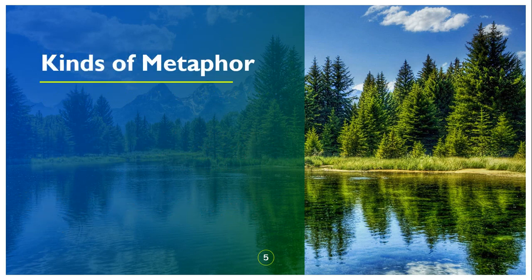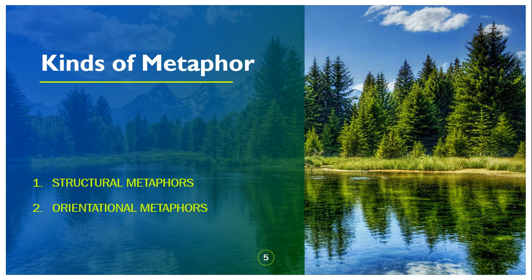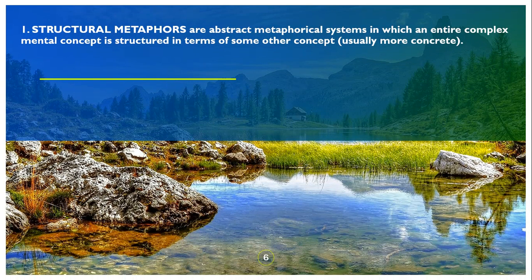Kinds of metaphor. There are three kinds. The first is structural metaphors, the second orientational metaphors, and the third ontological metaphors. Let's see number one. Structural metaphors are abstract metaphorical systems in which an entire complex mental concept is structured in terms of some other concept, usually more concrete.